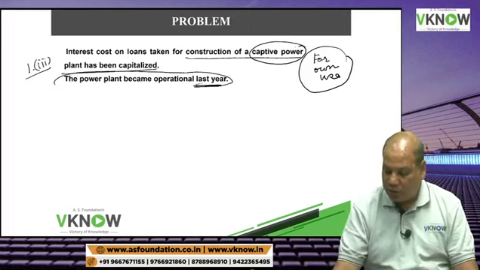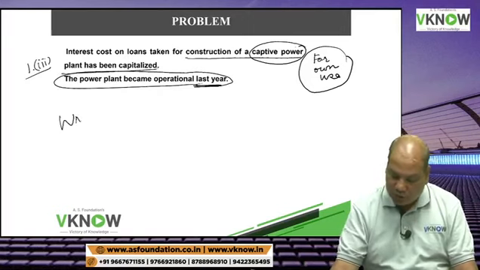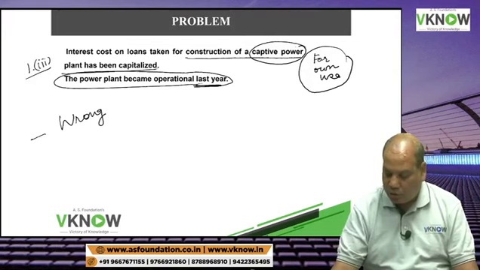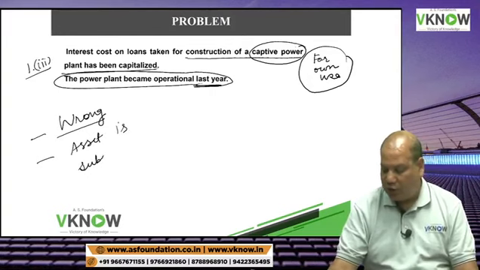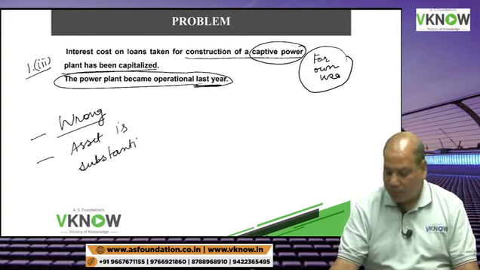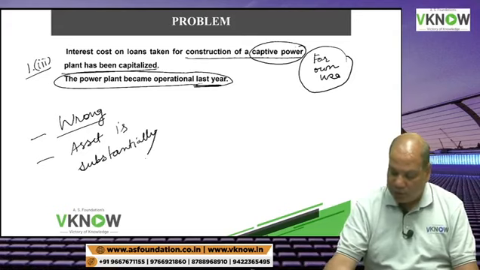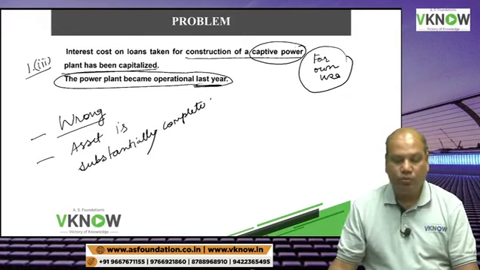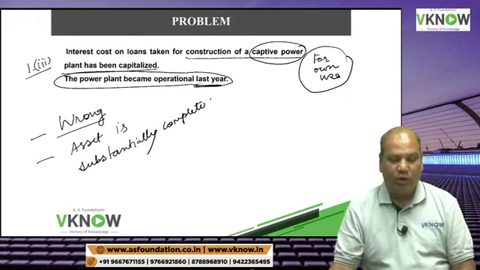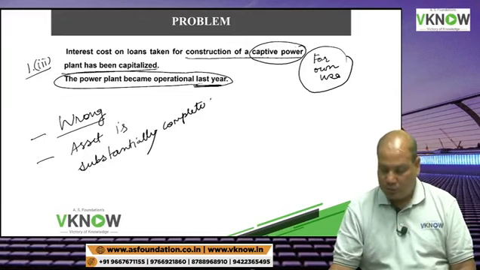So this accounting treatment is wrong. Why? Because the asset is substantially complete. Once the asset is substantially complete, further borrowing cost is charged to P&L account.